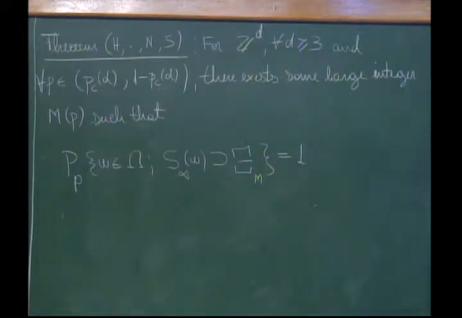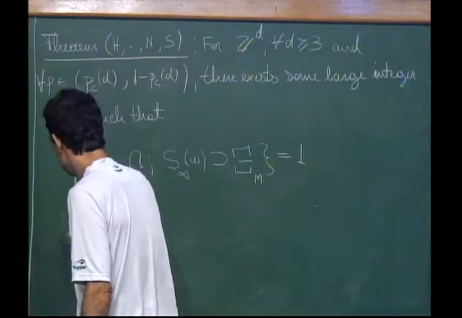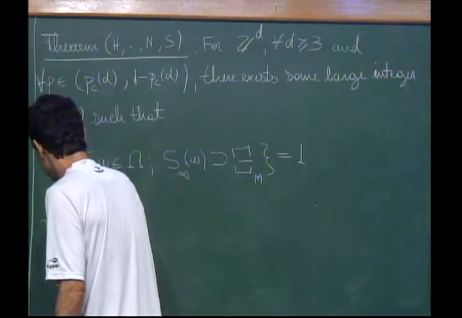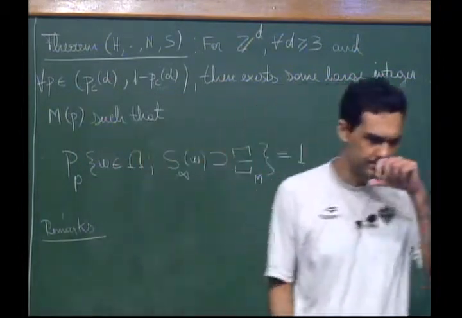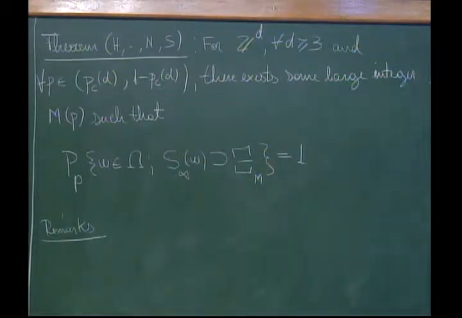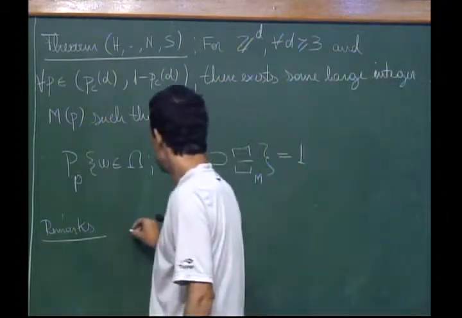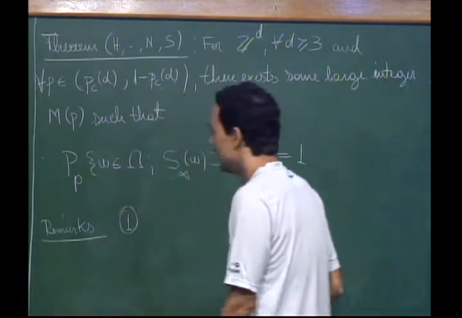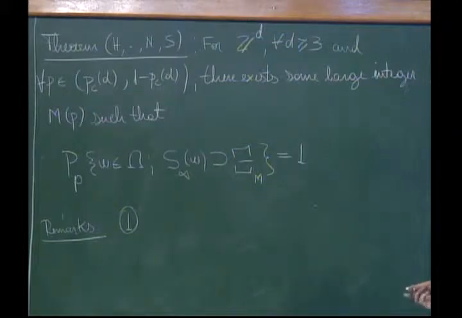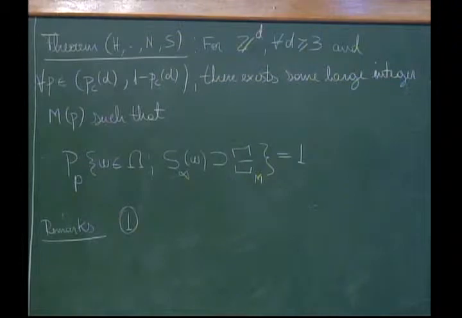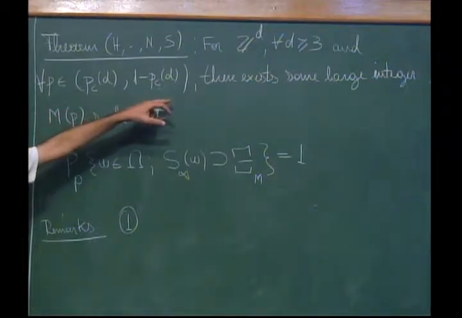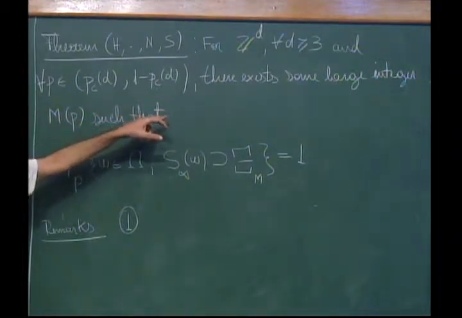Now, I would like to make some remarks about this theorem. The first remark is almost a triviality. In this interval, we have percolation of ones and percolation of zeros.